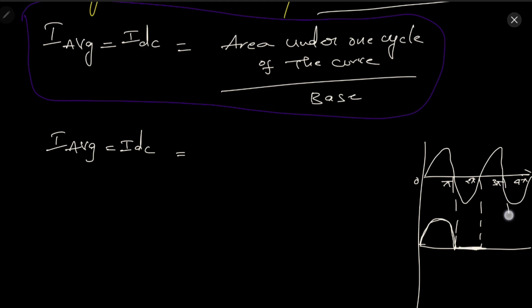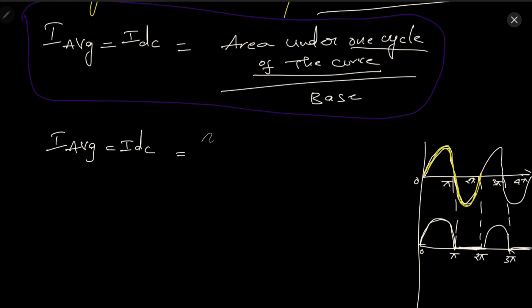So this is 0, pi, 2 pi, 3 pi. One cycle of the curve means we are considering from 0 to 2 pi. So this is one complete cycle.